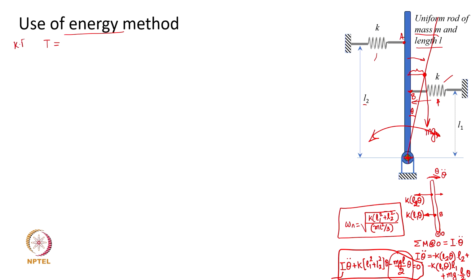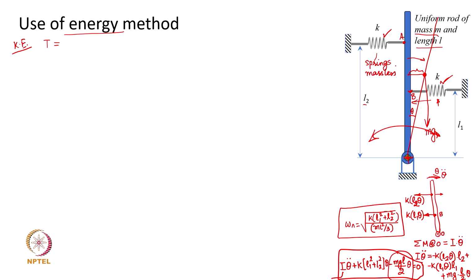The kinetic energy of various elements in the vibratory system, if we want to know, obviously the springs are assumed massless. So, the first assumption here we will make is that the springs, both this one and this one, are massless.